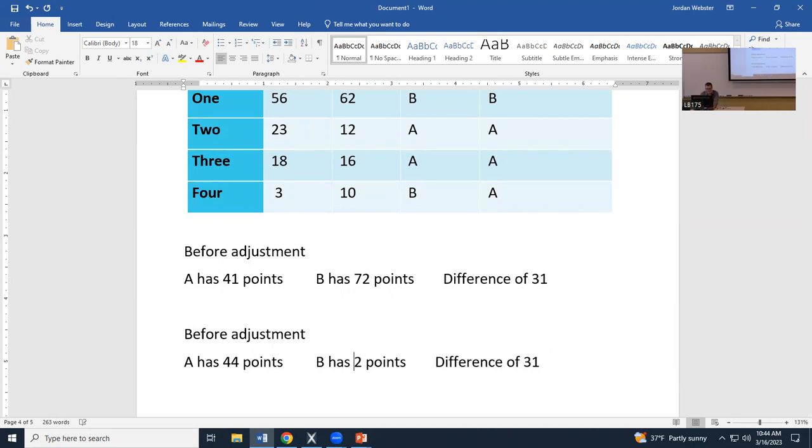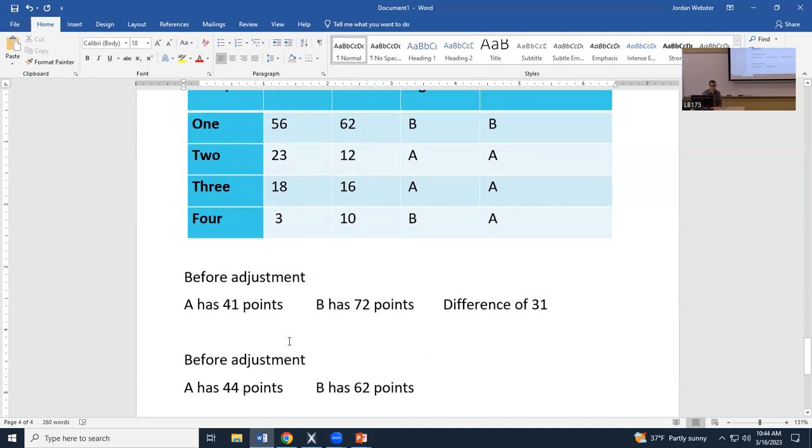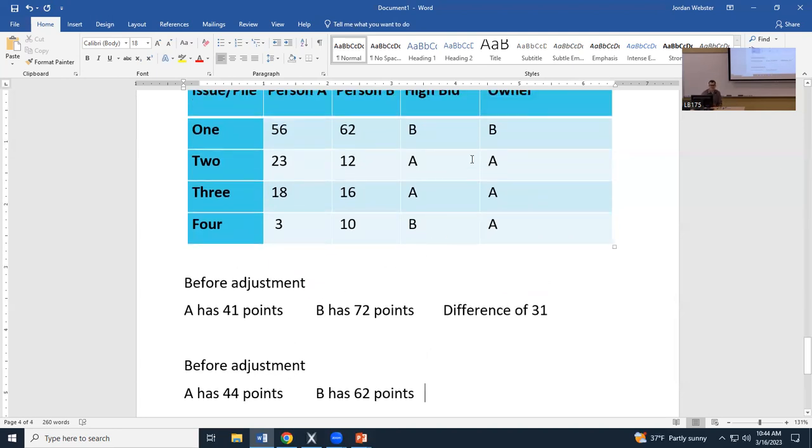B has 62. So that doesn't give A the fair share, right? A would need 50%, half of the goods, to get a fair share. So if I adjust that way, it's not gonna give A half the points.